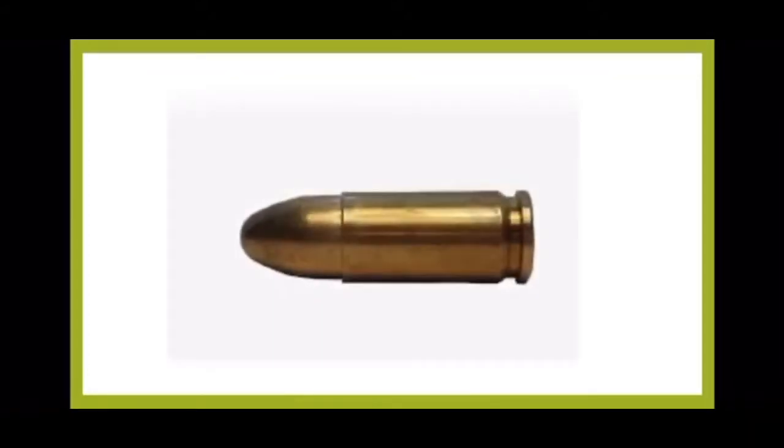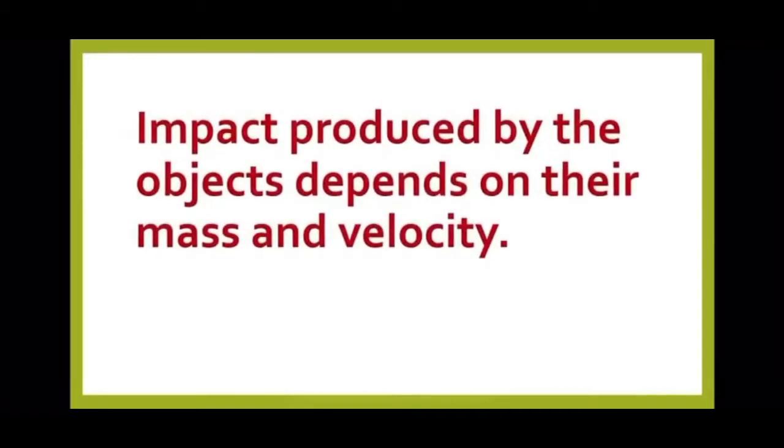A small mass, such as a bullet, may kill a person when fired from a gun. These observations suggest that the impact produced by objects depends on their mass and velocity.